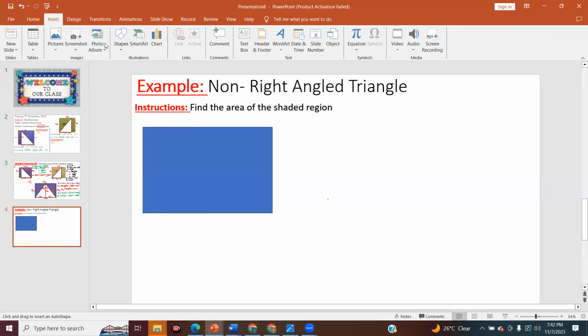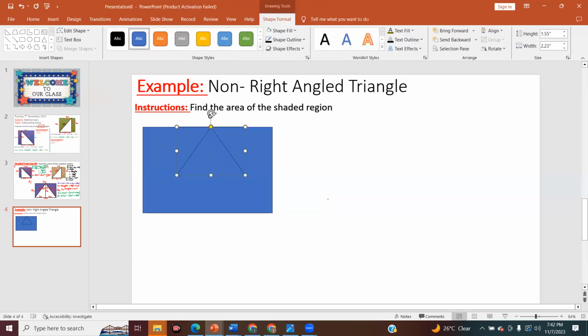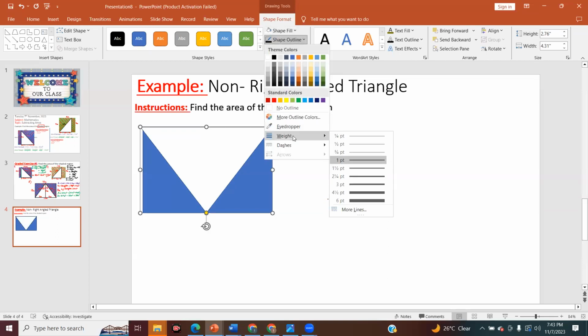So let's say we have something like this. And let's say that I want to cover the entire base, so the whole base. And let's say that we have this and the outline is like so.